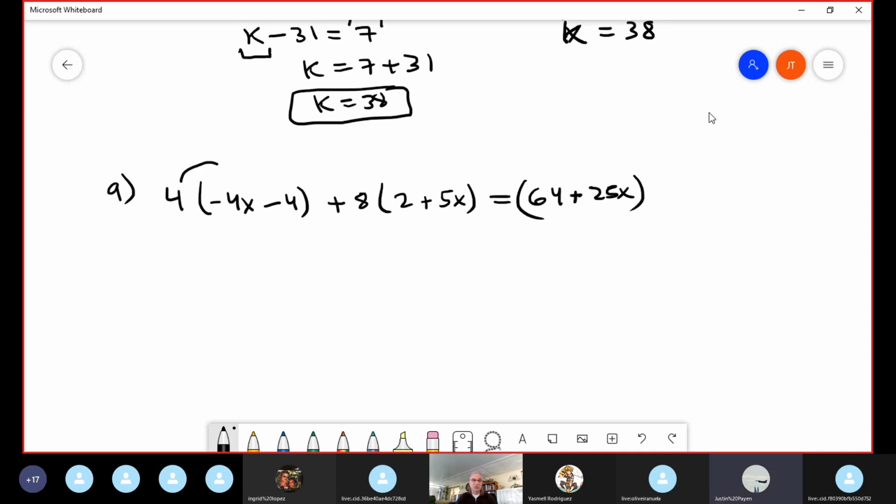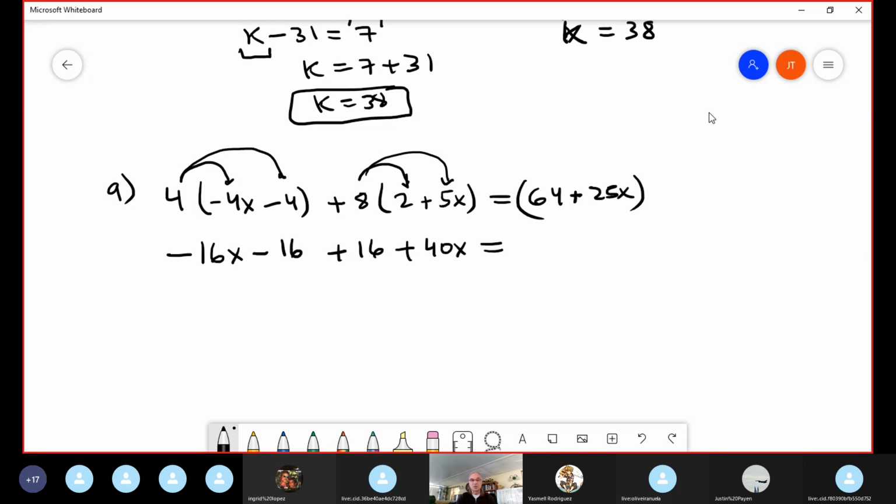Okay, you apply distributive property again. So negative 16x minus 16. This is again 16 but positive. And this is 40, no? Plus 40x. Equal, and then I remove the parentheses because we have no factor here.